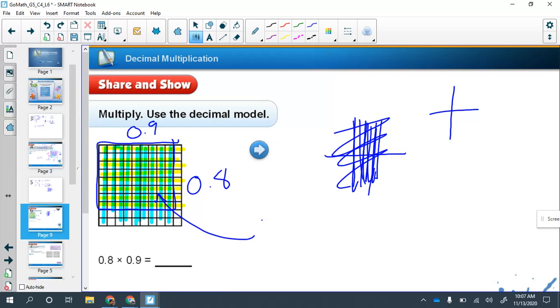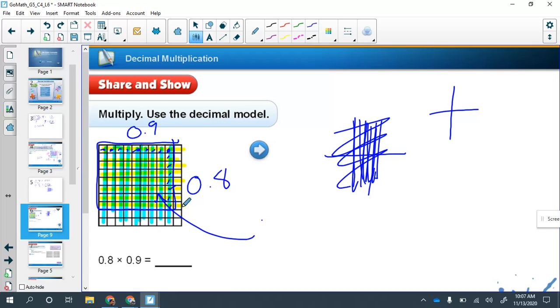Now, if I pay attention, going across the top, I have 1, 2, 3, 4, 5, 6, 7, 8, 9 units in each row. And then going down, I have 1, 2, 3, 4, 5, 6, 7, 8, right?